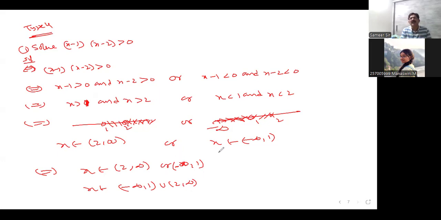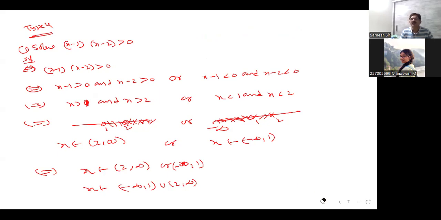I don't prefer to solve like this. Why? It's too dangerous. Two terms means we wrote 4 cases, right? Suppose he has given x minus 1, x minus 2, x minus 3, how many cases do we have to see? So many: A, B, B, C, C, A, all those cases we have to check. It will take much more time. So doing this problem by this method is not preferable.